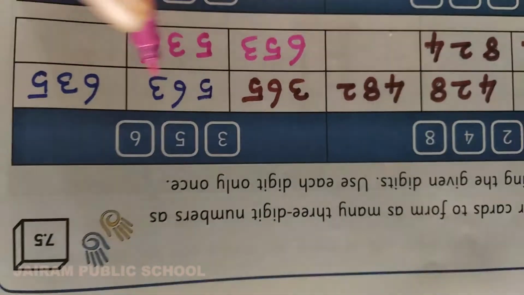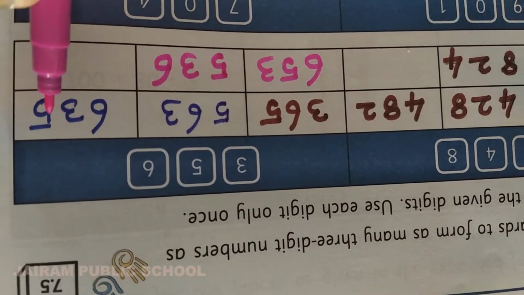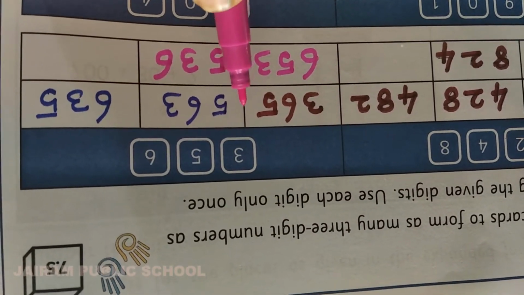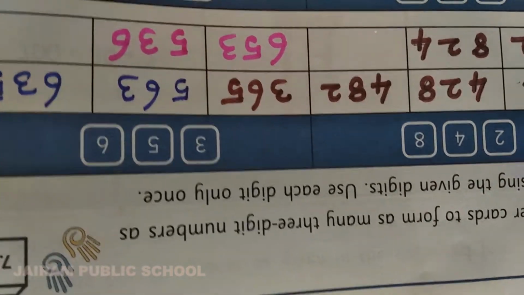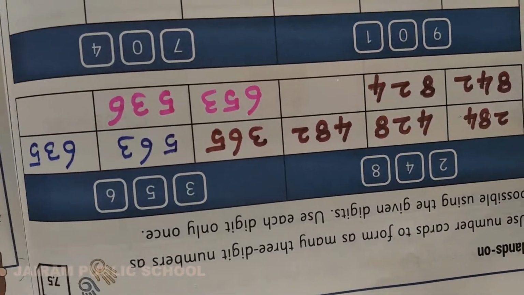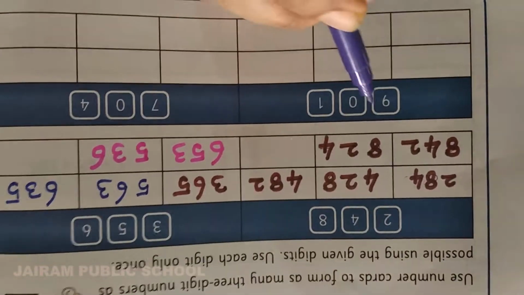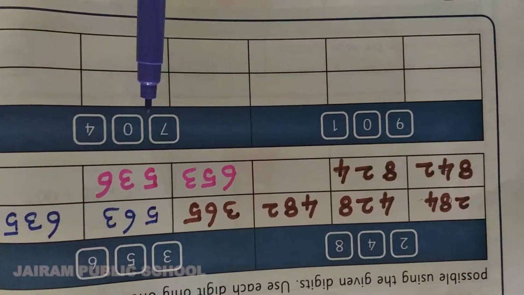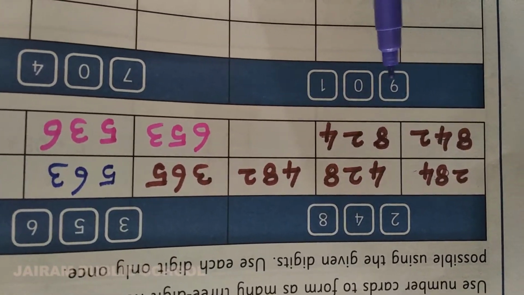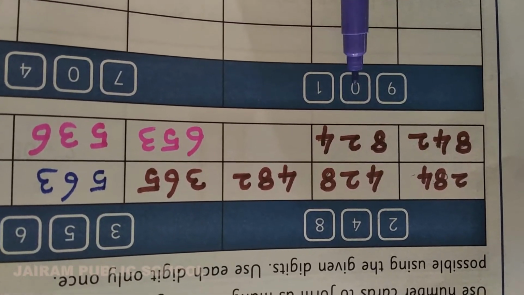Okay, so like this you want to create 3-digit numbers. You can form 3-digit numbers in different ways, Kanna. That is what they are asking us to do in this hands-on activity. So you want to complete these two numbers, and do it for these three numbers. They have given 901.